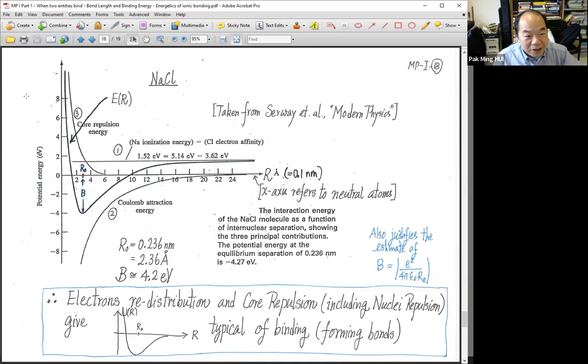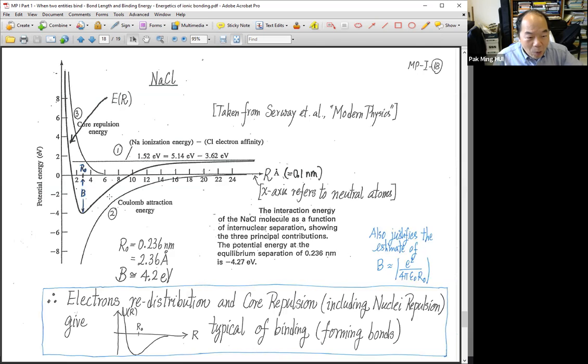You start to see, for the first time, the curve that binds. Now follow my cross. My cross is here. You see that? This is what we have been discussing. When things bind, there will be something like that.